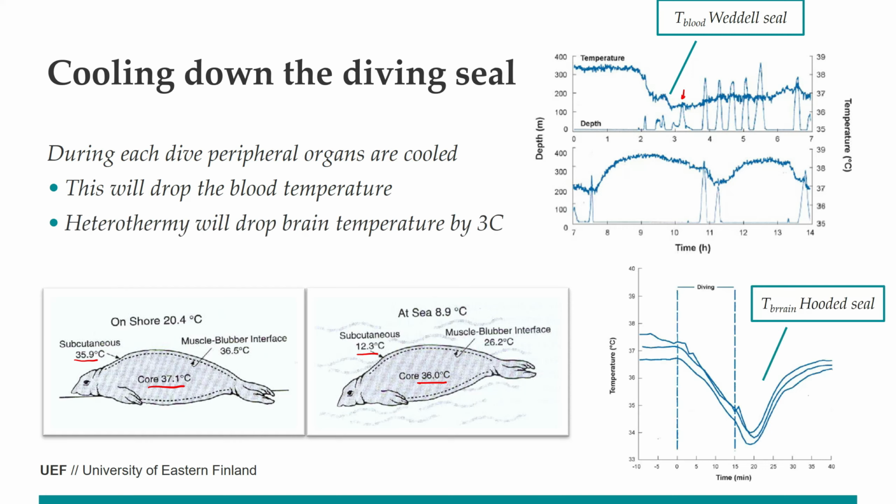And the heterothermy, having a cold surface, hot inside, and then you have this circulation, that will drop a little bit the brain temperature. And this 3-degree drop in the brain temperature is energy saving.